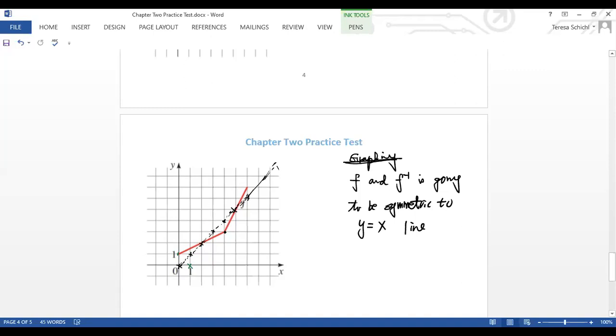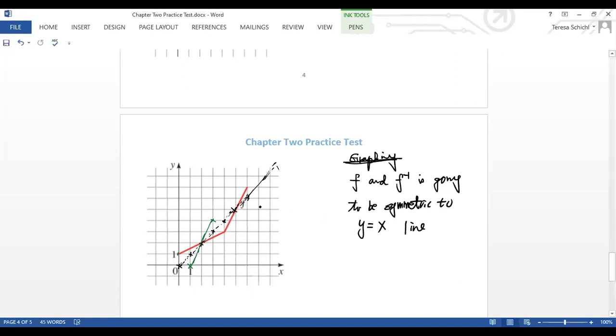Then this point here, right? Which point is it going to reflect into? We're going to reflect into here. So this red segment is going to be like that, right? Now you can see it is kind of symmetric to y equal to x.